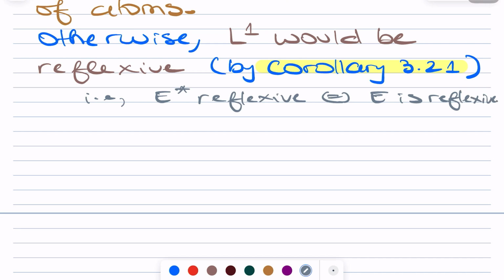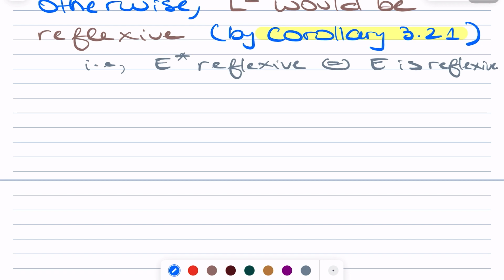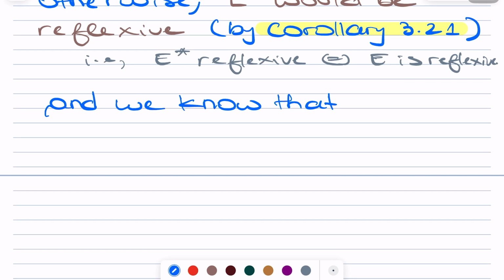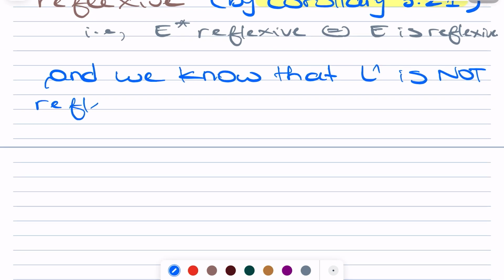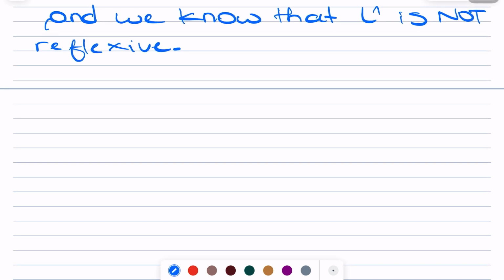So otherwise L1 would be reflexive, and we know that L1 is not reflexive.